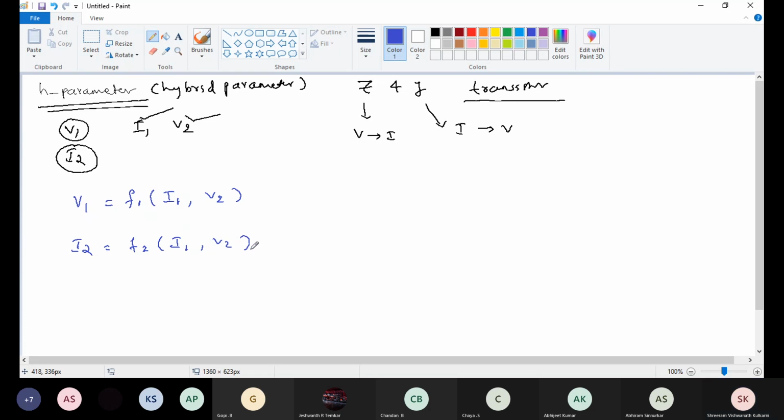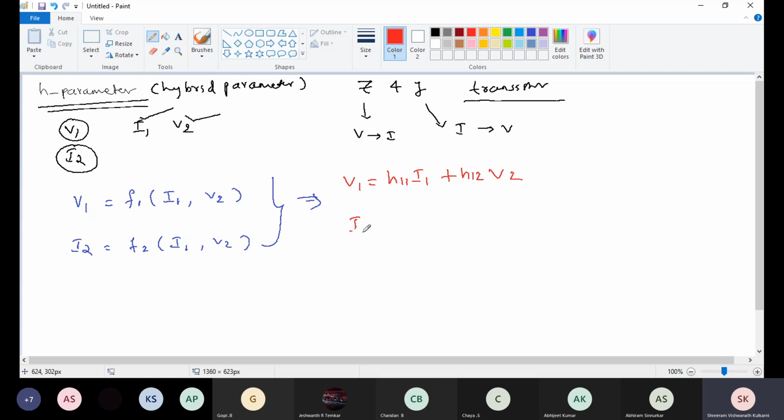Now in the above equations we can write the relation like this: V1 is equal to H11 I1 plus H12 V2.